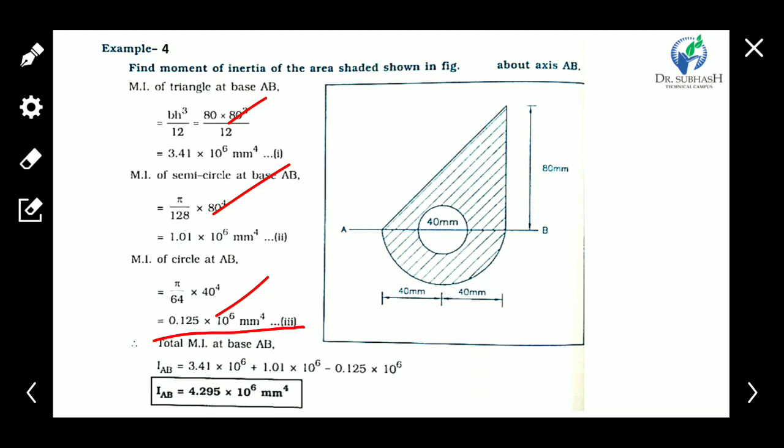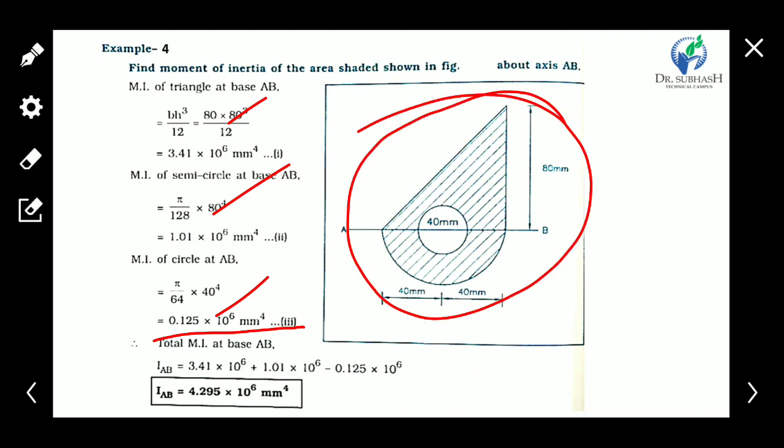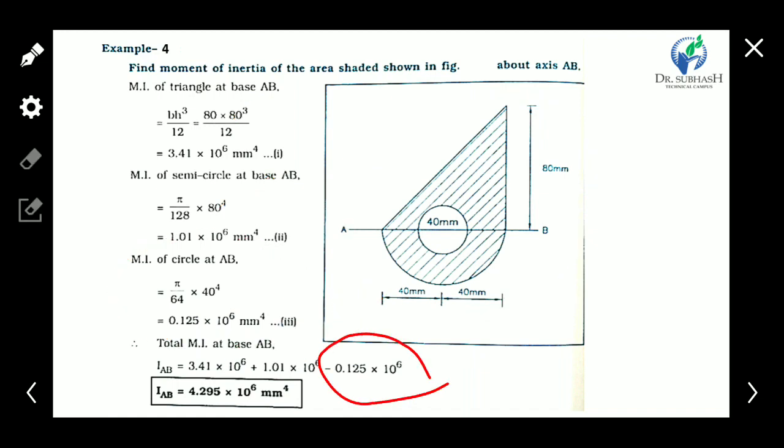Now we have to sum the moments of inertia of all the elements, so we get the total moment of inertia of this given area. So the moment of inertia of the triangle plus the moment of inertia of the semicircle, and from this summation we have to subtract the moment of inertia of the circle, so it is given the negative sign.